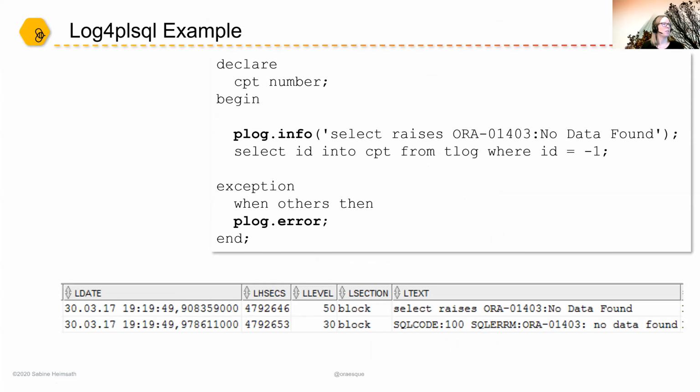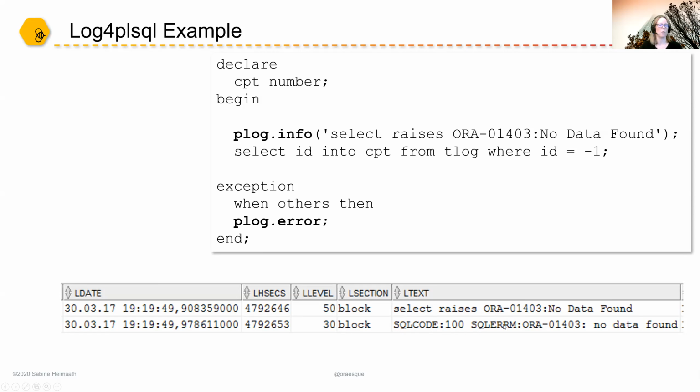The example is very short. You call plog info, just some text, do something. In case of an exception, you just log the error, and this is what it looks like. You have a date, you have the runtime, you have the log level. This is the text that we put in, select raises, blah, blah, blah.